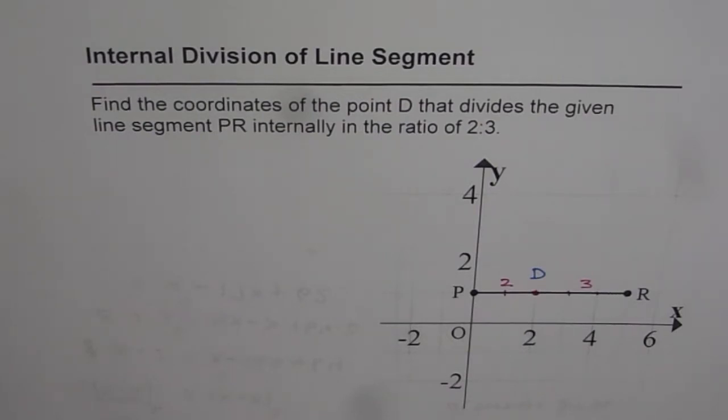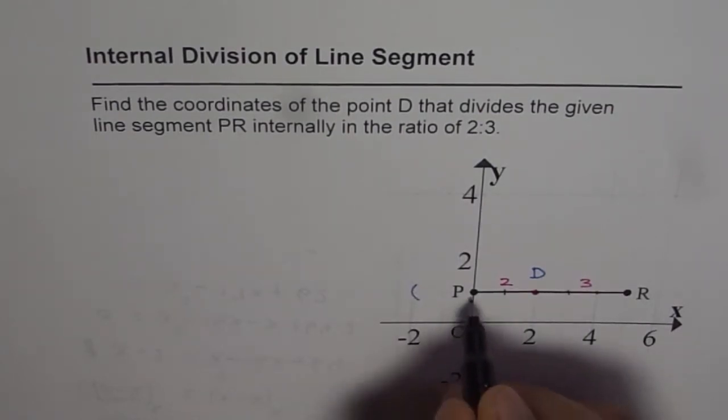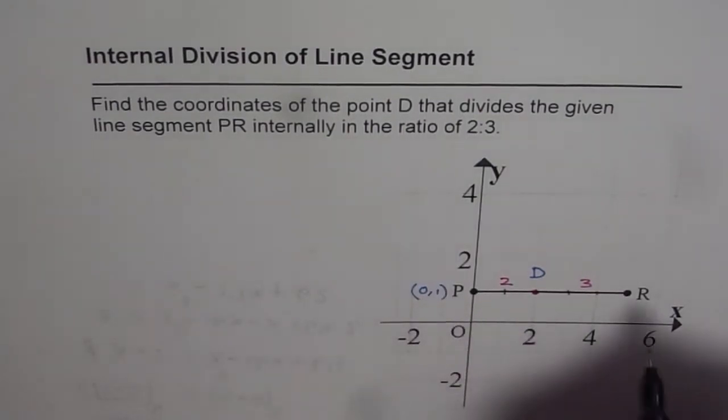Now let's extend it to vectors and see how to find the coordinates of this point D given points P and R. So in this case, what are points P and R? Point P, the coordinates are (0, 1), correct? And for R, the coordinates are (5, 1), correct?